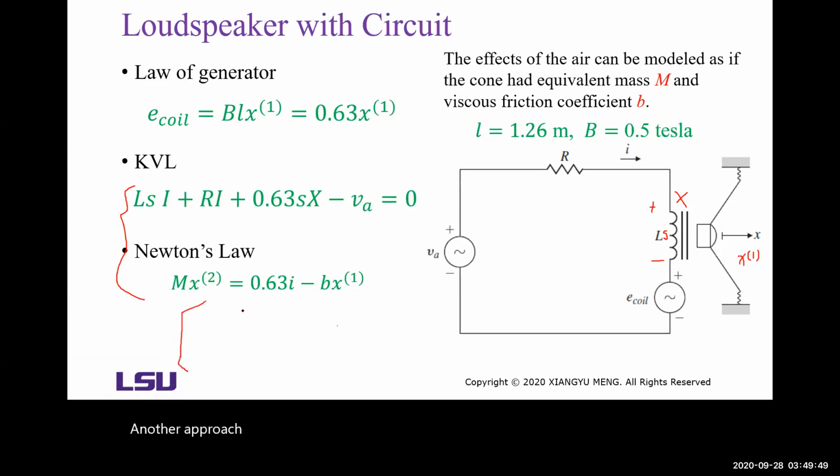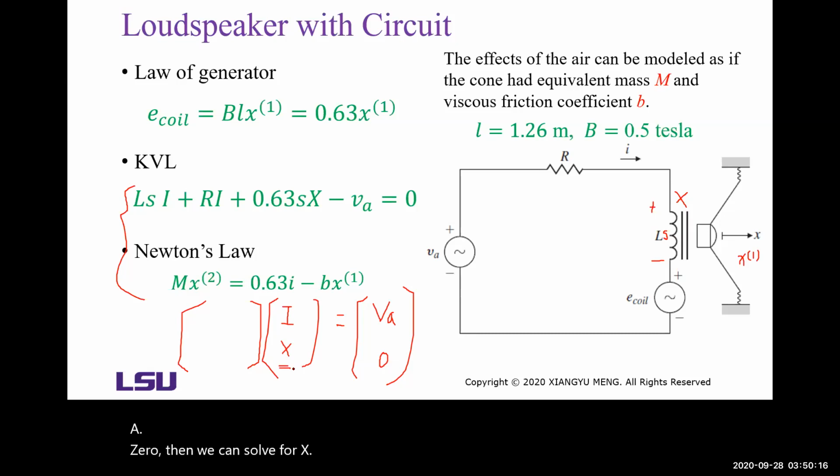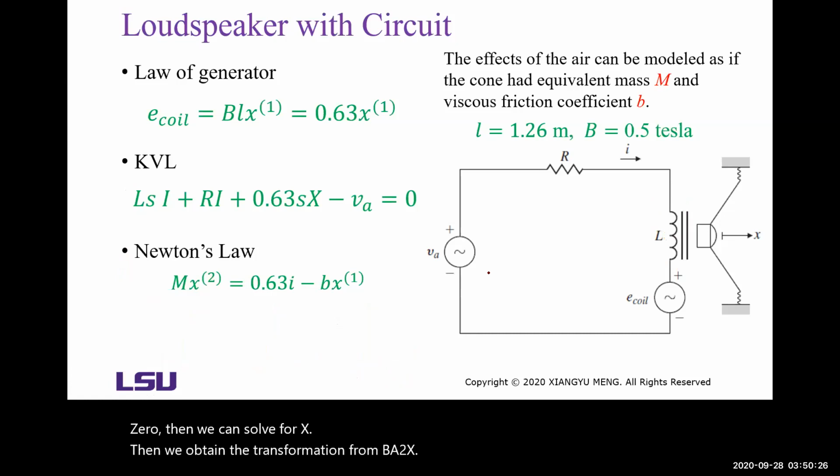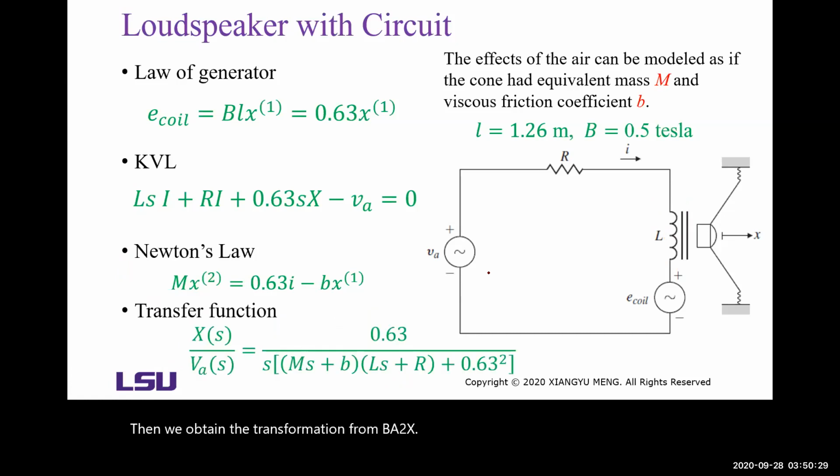Have a matrix here. We have I, x, VA, 0. Then we can solve for x. Then we obtain a transfer function from VA to x. This is the transfer function from VA, the voltage, to x, the motion.